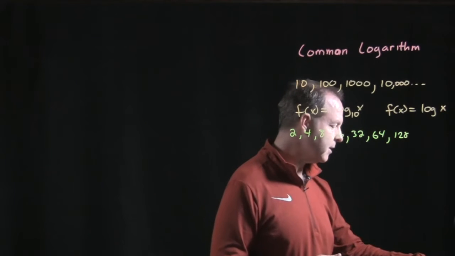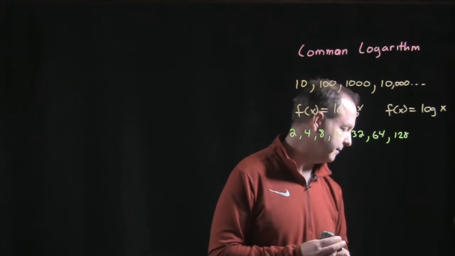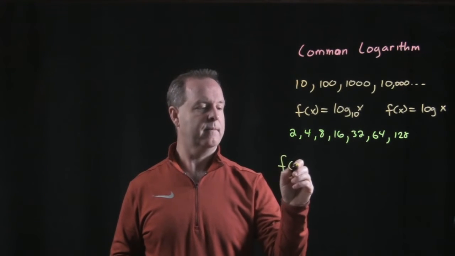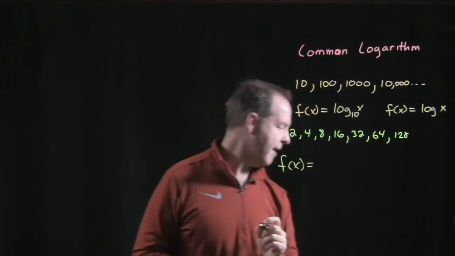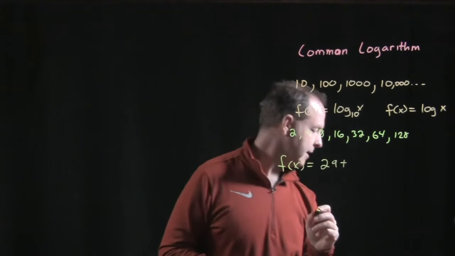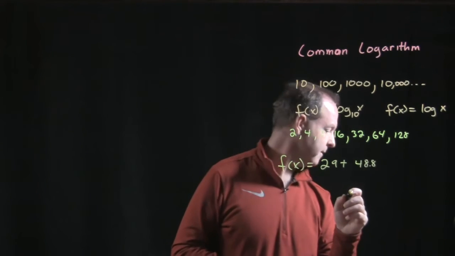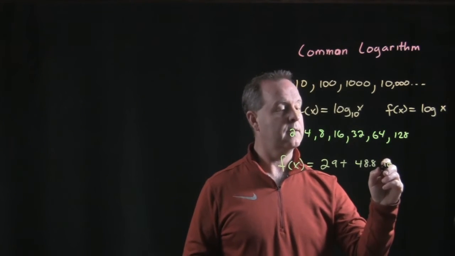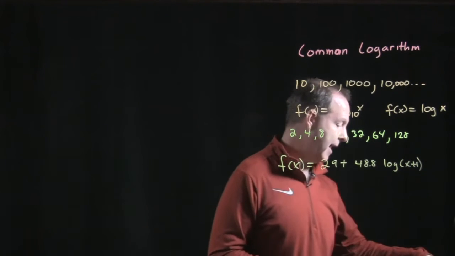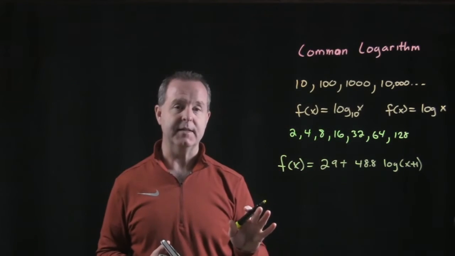So let's look at an example of how we could solve something. I have some function, f of x equals 29 plus 48.8 log of x plus 1, where that models the height of a child from ages 5 to 15.